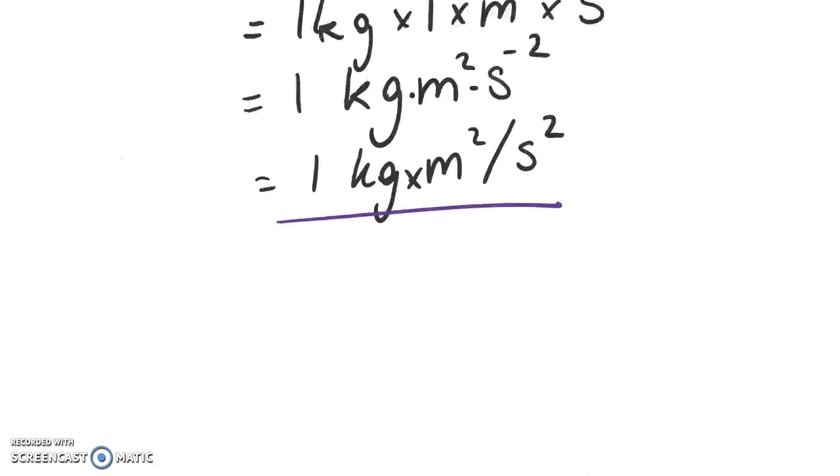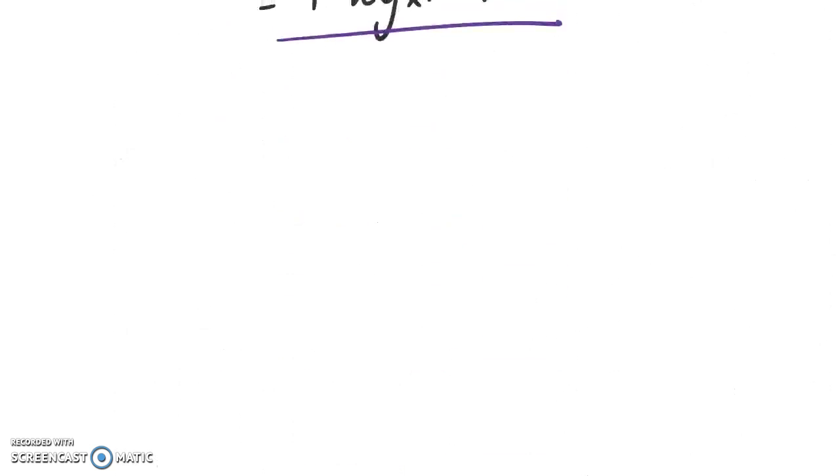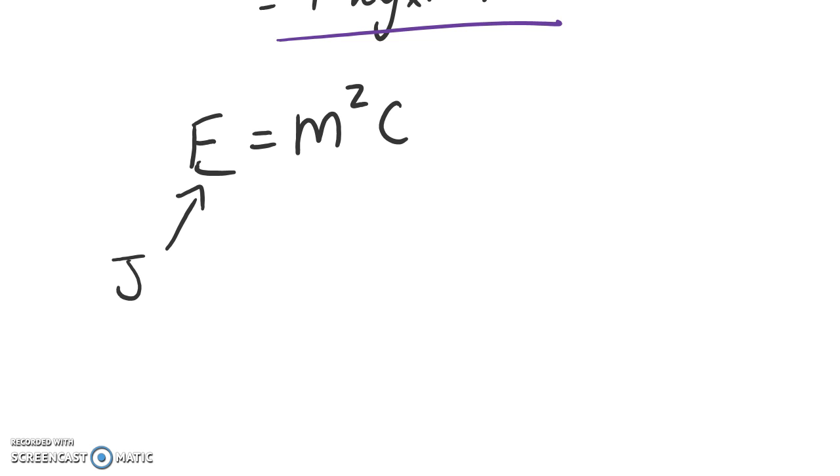Okay, another one we can have a look at. Let's have a look at E equals m squared c. So let's get this equation a little bit wrong, and we'll see if we can work out just based on the units that it's wrong. Just as before, our energy is in joules, which is kilograms meters squared per second squared.